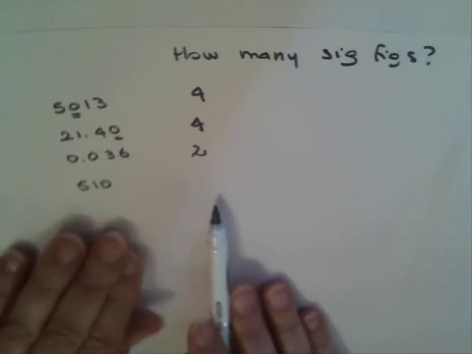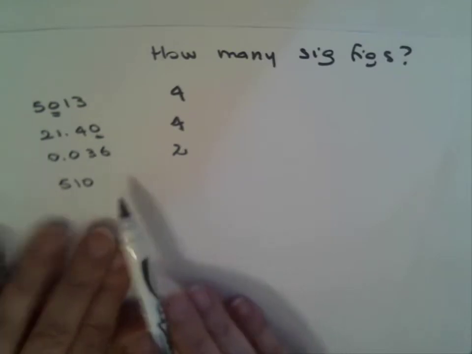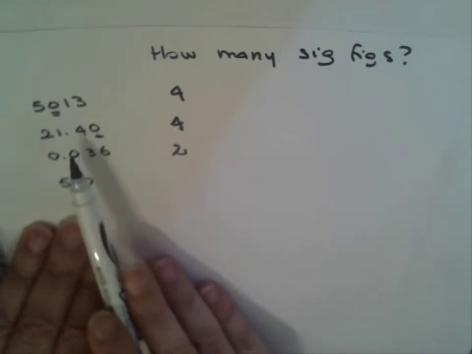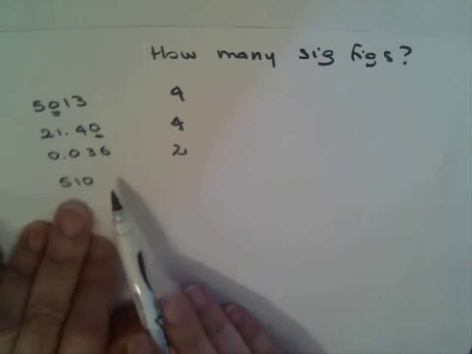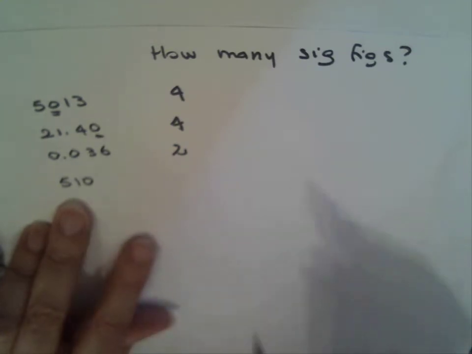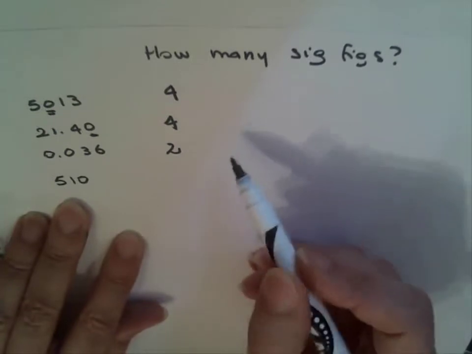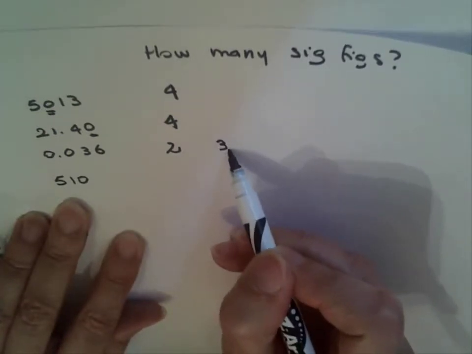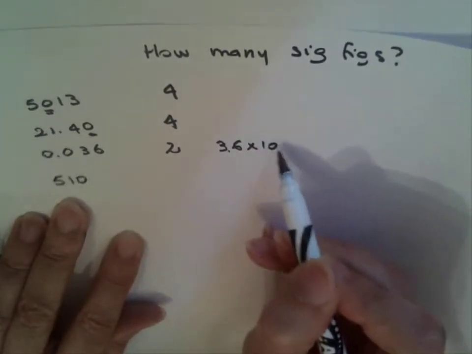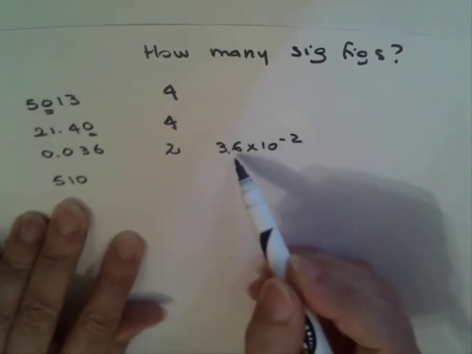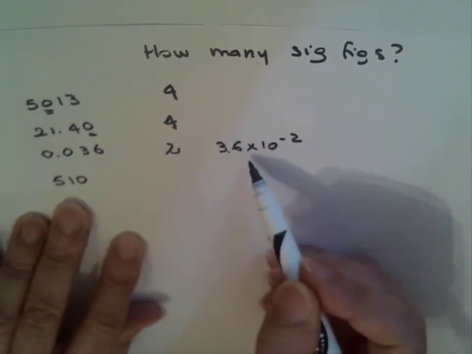One way to make sure when you have zeros present in a measurement is to write the number in scientific notation. So if I write this number in scientific notation, I can see that I will write 3.6 times 10 to the negative 2. And that shows me that there are 2 significant figures.